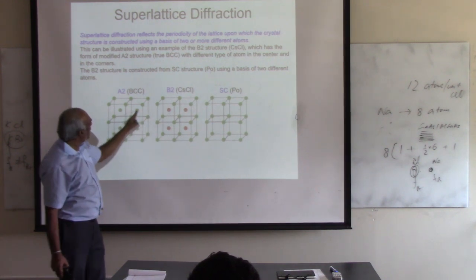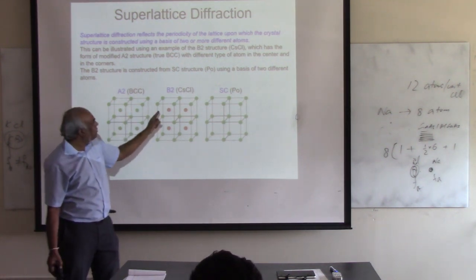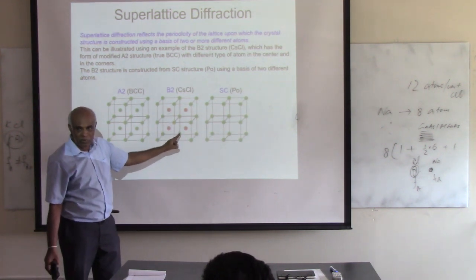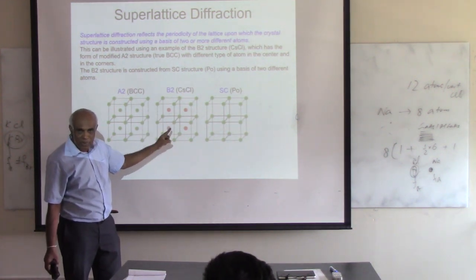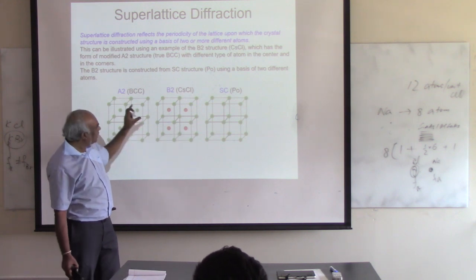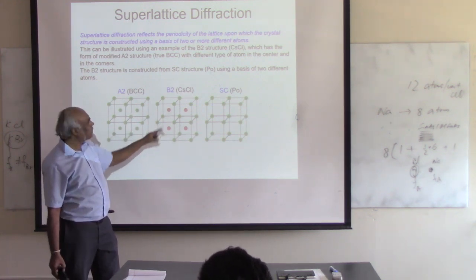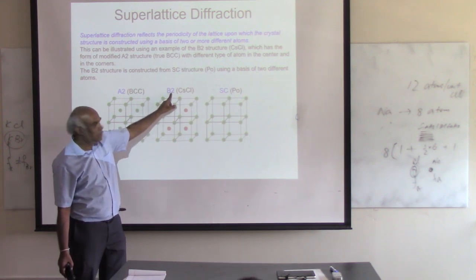So here Fa and Fb are the same. Here Fa and Fb differ. Actually, this is not really BCC, right? It's really simple cubic with a two-atom basis, but it looks like a BCC structure. That's why we call this a B structure.